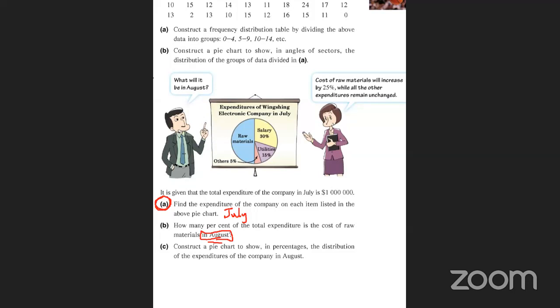Right. Now, in this case, how can we do it? I think if you do it in this way, maybe it is easier for you to understand. After you have done part A, then it means you know the salary, and then you know, let me think.